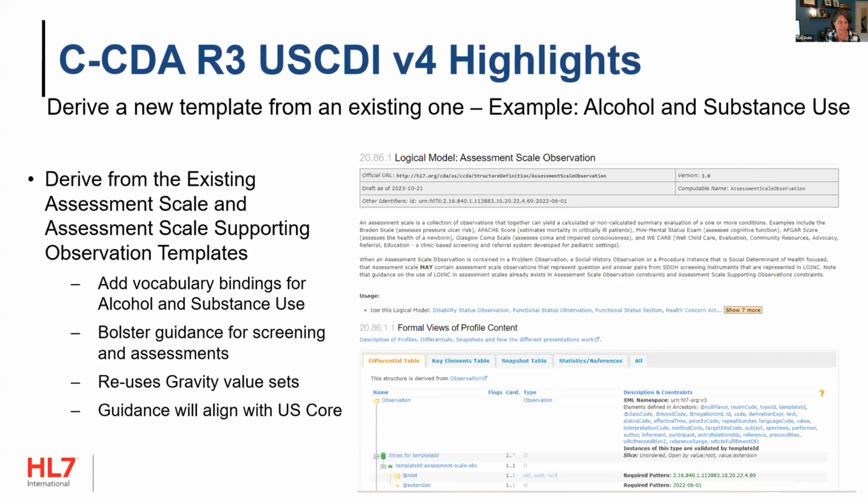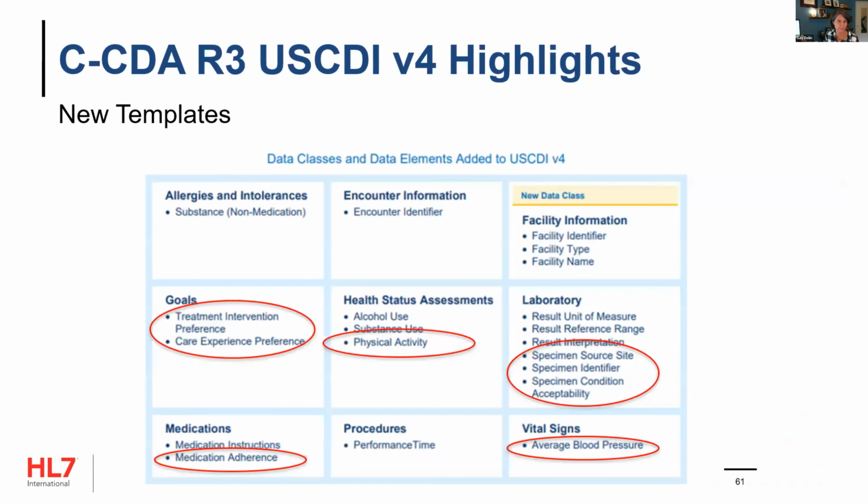We are developing guidance pages that are going to be very similar to what US Core has had. We've had it in Companion Guide, we've had it in US Core, and now we're going to be publishing so that they look as similar as they can be given the different underlying standards.